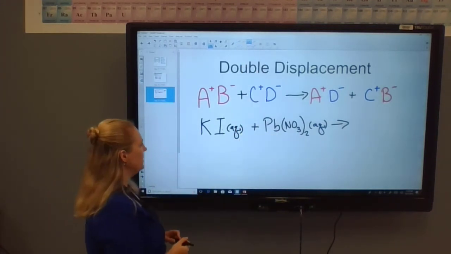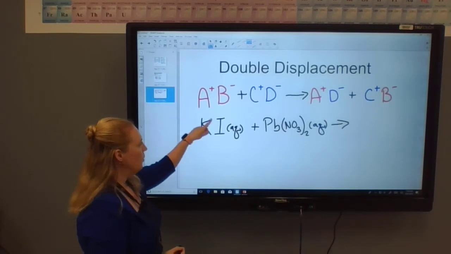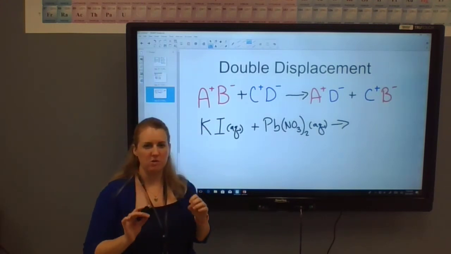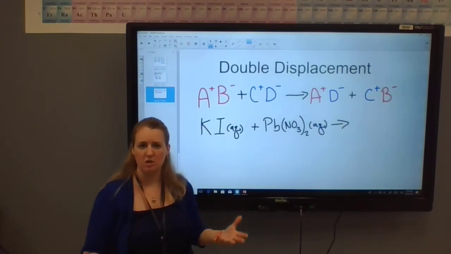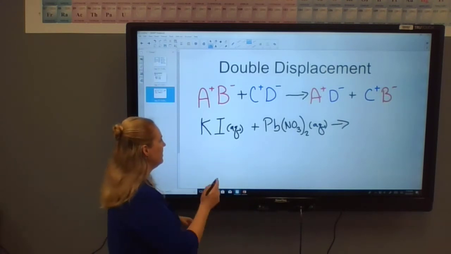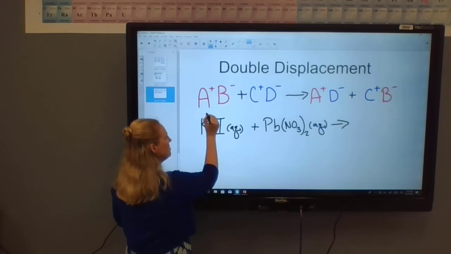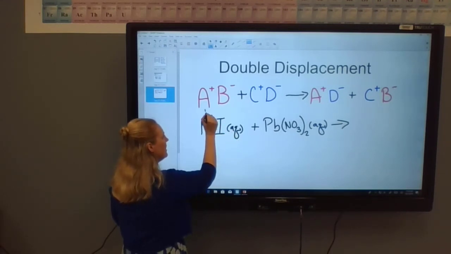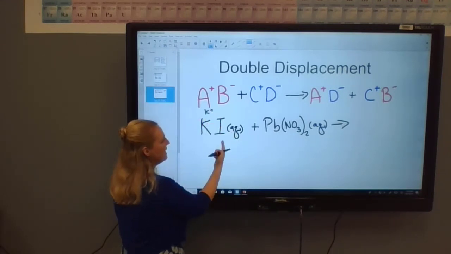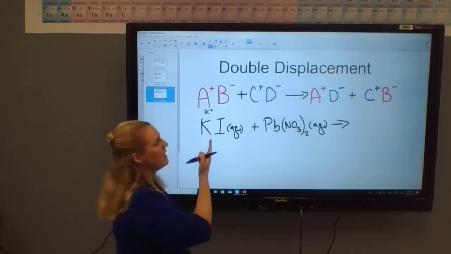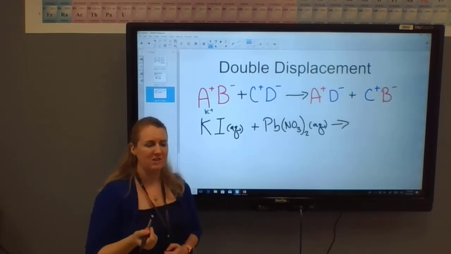So when we have these as compounds, we do not show the charges, but they are still charged, the individual cation and anion. Potassium is a group 1A metal, so it has a 1 plus charge. So I'm just going to make a little note of that up here, that is K plus. Iodide is a group 7 nonmetal, therefore it is a 1 minus charge. That's technically I with a minus.